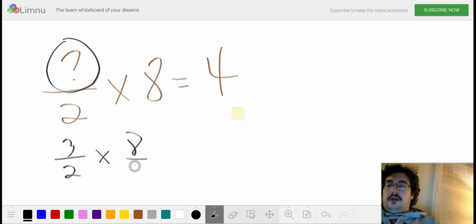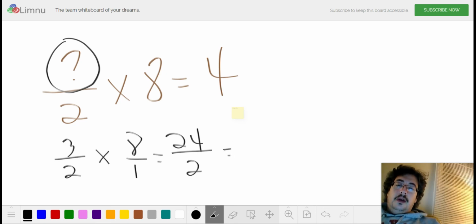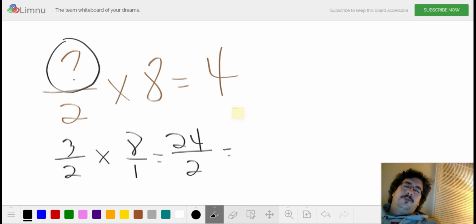So I'm going to put a 1 under the 8. I got 3 times 8 is 24. And I'm going to multiply my 2 by 1, and I get 2. And so 3 halves, or 3 over 2, multiplied by 8, gives me 24 halves, or 24 over 2.